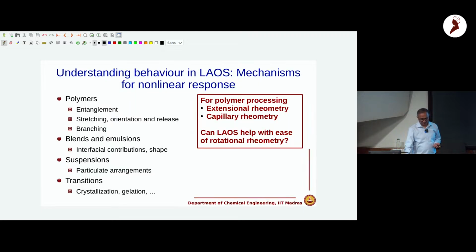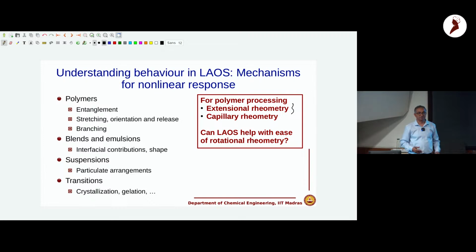So when LAOS was touted, though it has actually become a lot more popular, I'm not sure it is as promising as it would have been when this was written. The argument was that for polymer processing, extensional rheometry is different and difficult, so let's do LAOS and I can tell you how the polymer will behave for extensional flows.